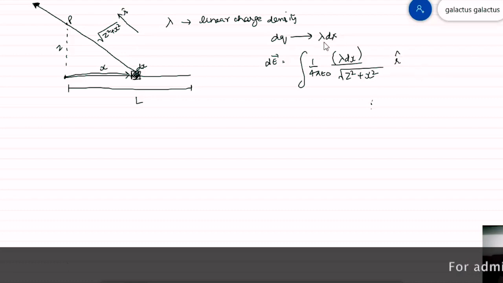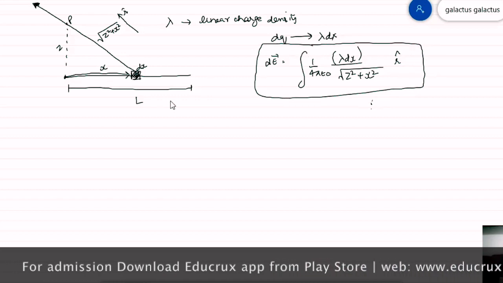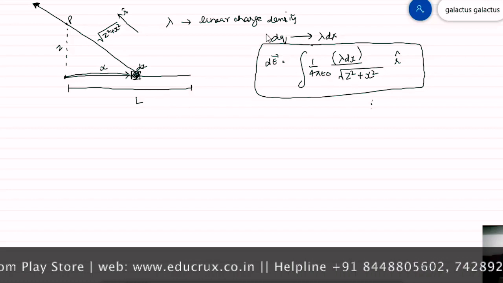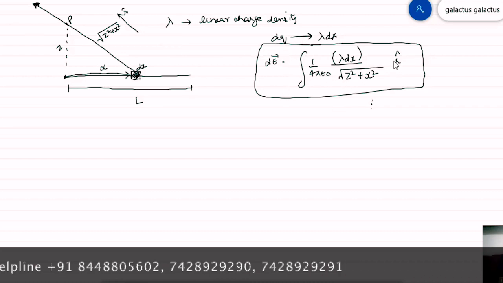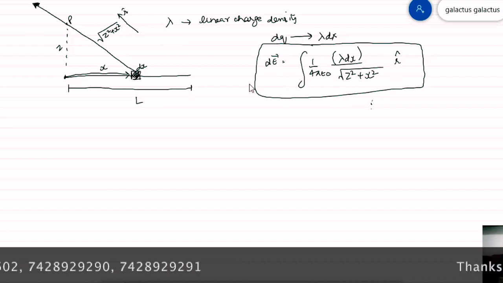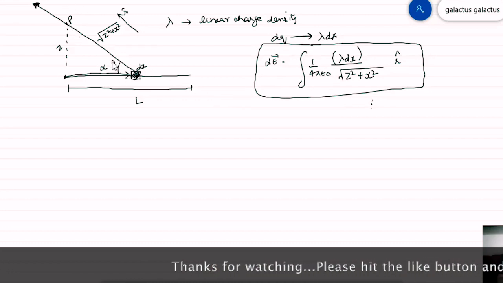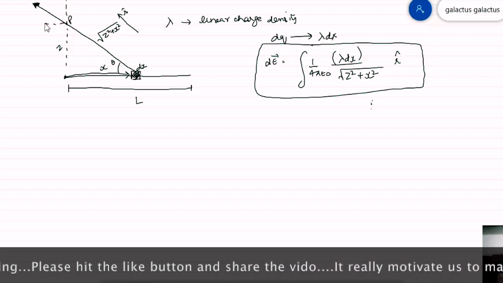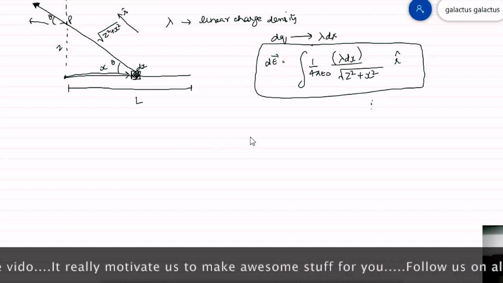So this is my electric field at point P due to a wire on which a charge is distributed along a line, and we have the linear charge density lambda. So what I can see is that if this angle is theta, so if I extend this line and draw a horizontal line over here, then this angle is also equal to theta.